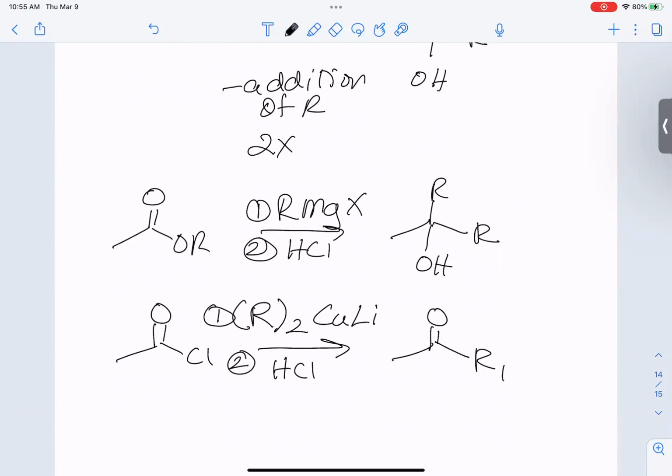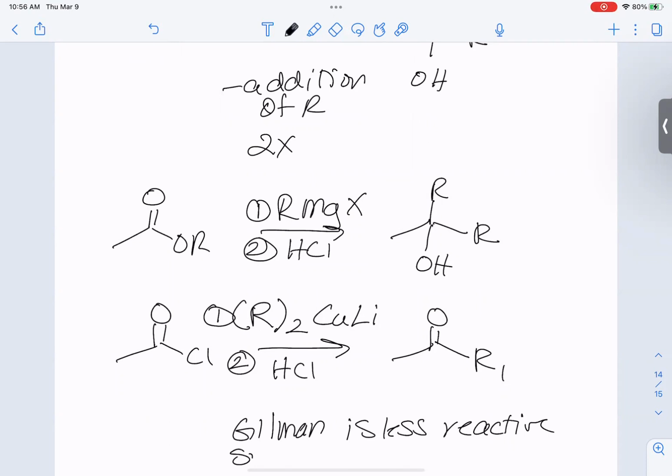Your Gilman reagent is less reactive, so you only add 1 R group. All right, I'm going to stop there.